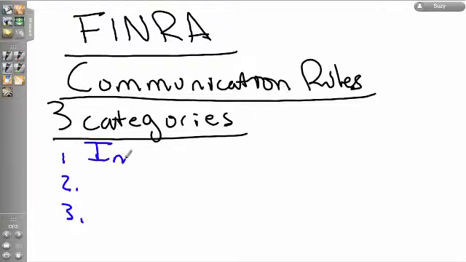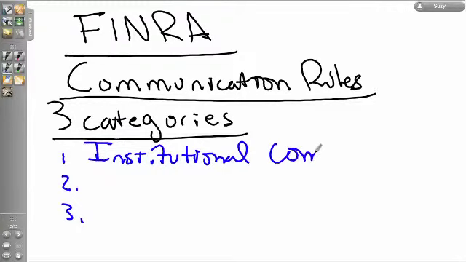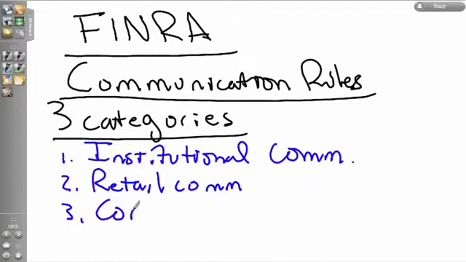We're going to have institutional communications, we're going to have retail communications, and we're going to have correspondence. So these are the three categories under FINRA's newest communication rule.